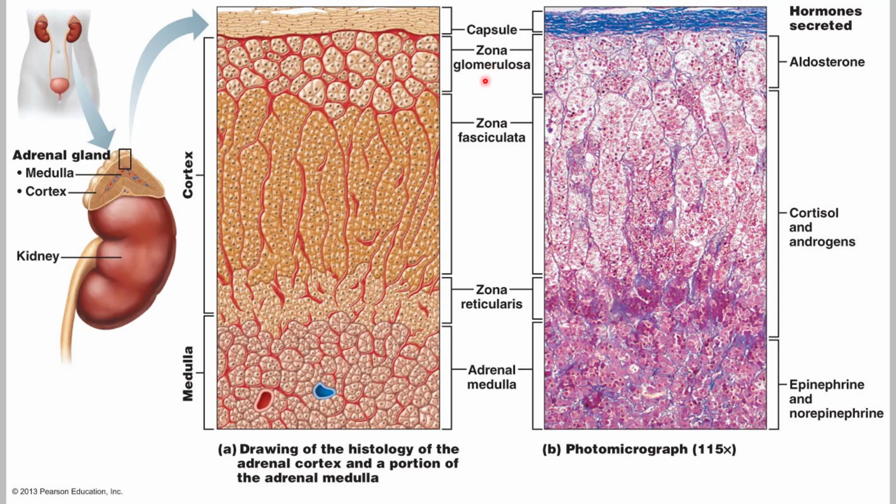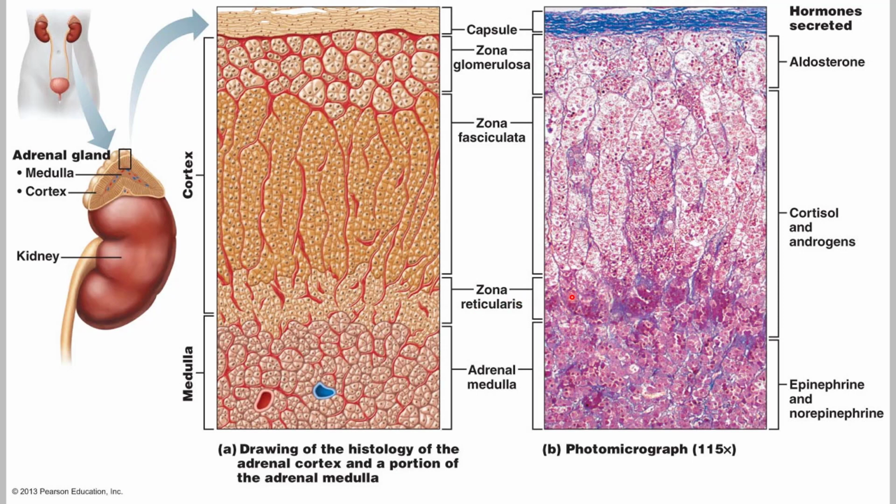Glomerular means sphere or bubble, and that's because under the microscope they kind of look like little bubbles. So the zona glomerulosa. Next, zona fasciculata are these folded back and forth areas. And then on the innermost, we have the zona reticularis.